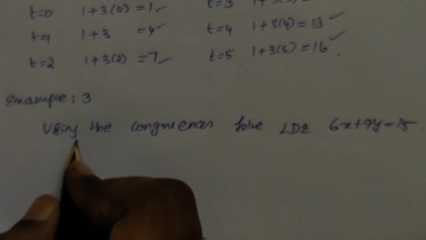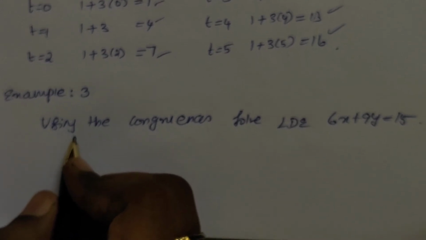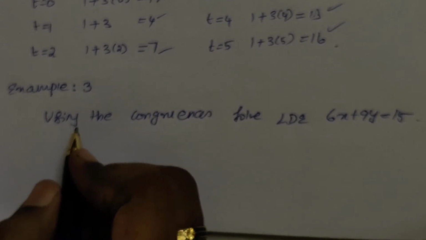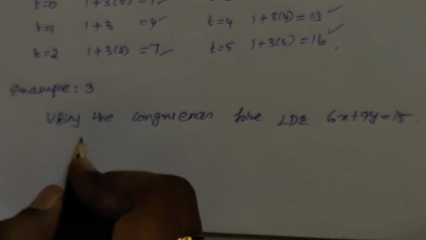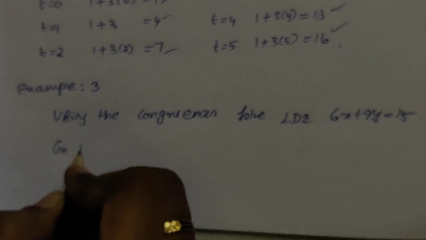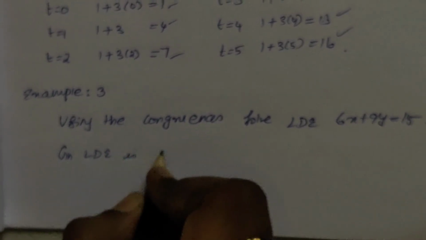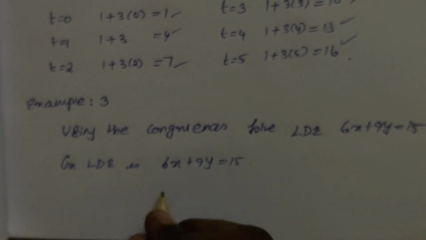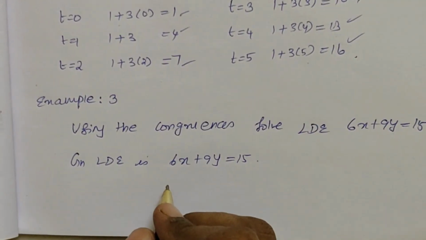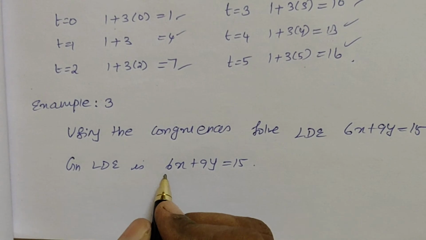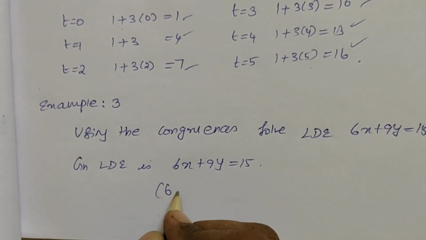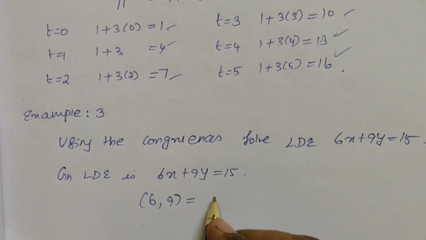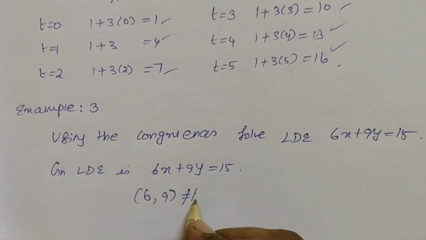Now let us see the next example. Using the congruence, solve the LDE 6x + 9y = 15. Before going into the solution, first let us check whether the gcd of 6, 9 is equal to 1 or not. Here the gcd value of 6, 9 is not equal to 1.